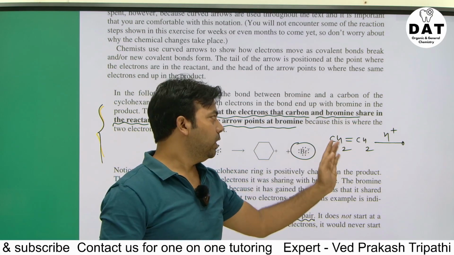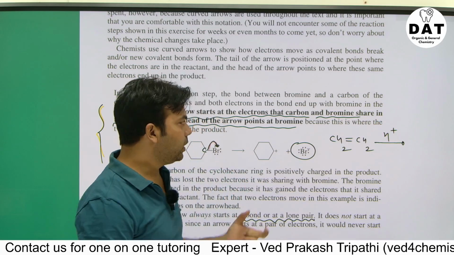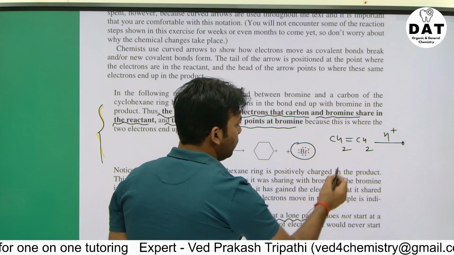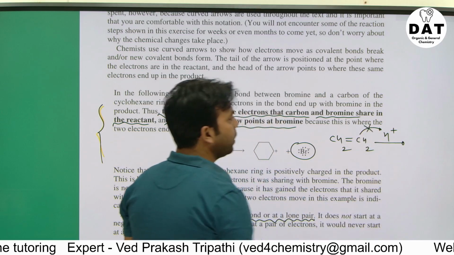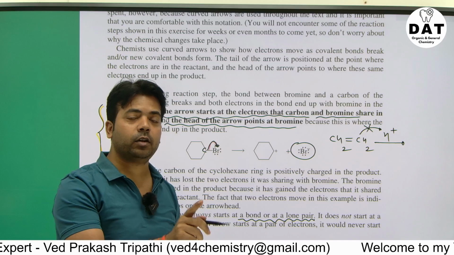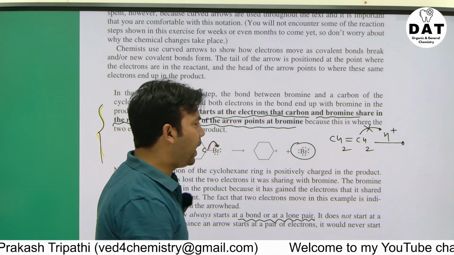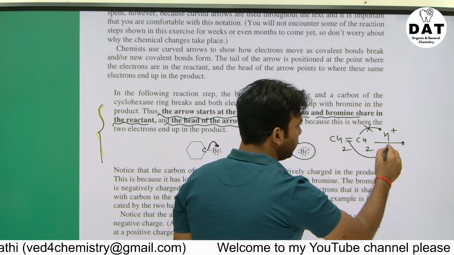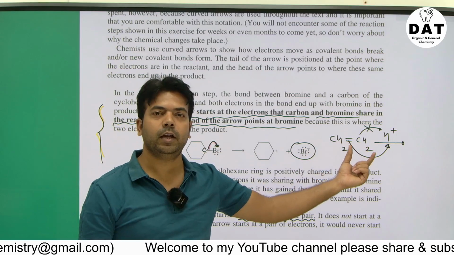Now if you start from here, from this carbon to this H plus, this is wrong, because electrons always flow from either a lone pair or a bond, not the atom. This is a carbon atom. So the right way to express this is like this. Clear? This is the correct arrow movement.